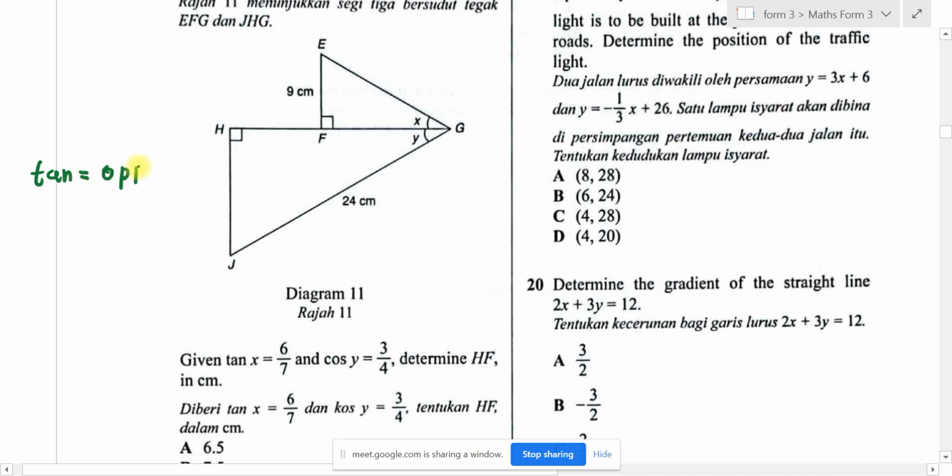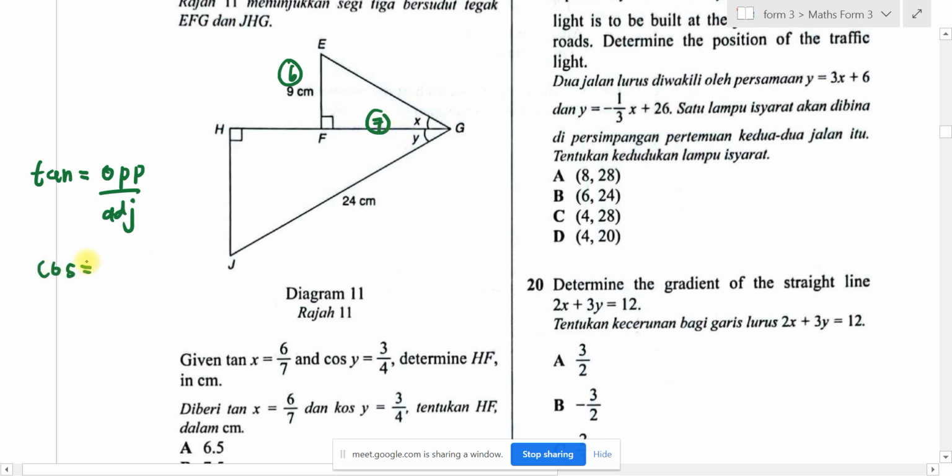Try once again. Opposite over adjacent. So the opposite to x is given as 6, adjacent is 7. Okay, this is not the actual length. I just write out the ratio only. Opposite over adjacent. Okay, next is cos y.